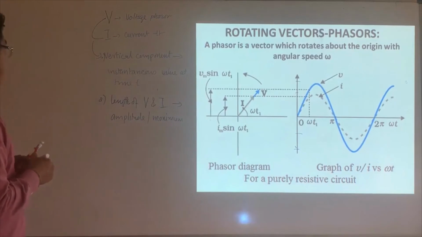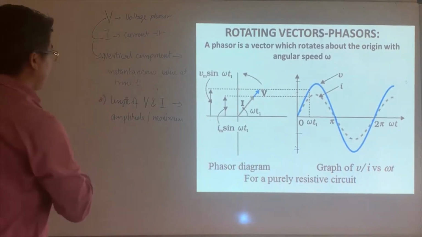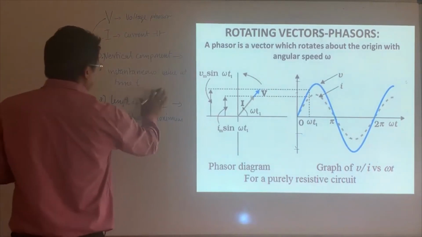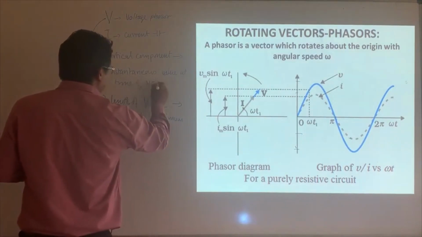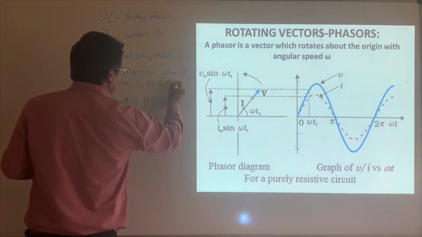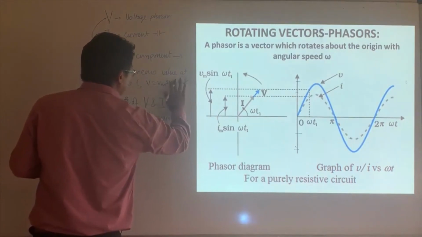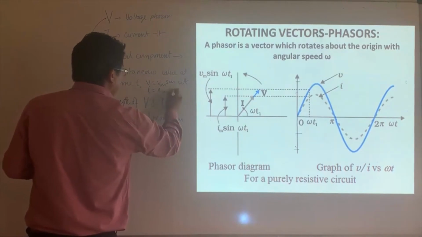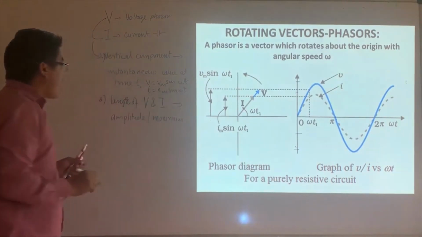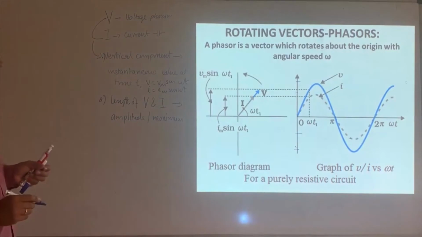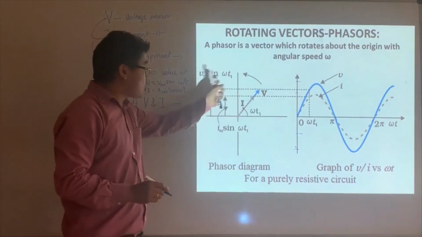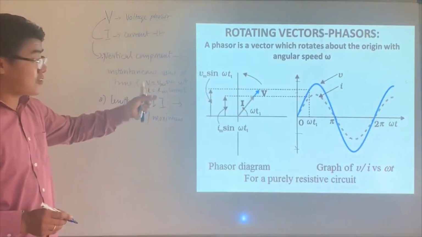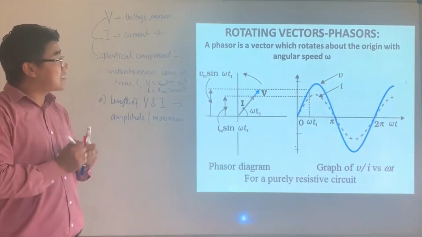Because of which, the instantaneous value is represented by V equals Vm sine omega t, and I equals Im sine omega t, where Im and Vm represent the amplitude, that is the length. This has to be a sine function. Why? Because the vertical component tells you the instantaneous value.